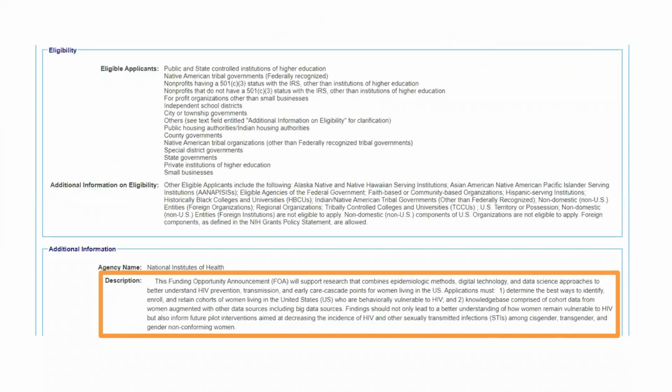Next, this is where a lot of the opportunities will come from. At the bottom of the page, you'll see a description. This is basically the outline of what they're trying to accomplish with this grant. Because this is coming from the government, there's a significant information gap, and this is where you're going to find the most opportunity. Although this is helpful, there's a lot of information that's lacking here.